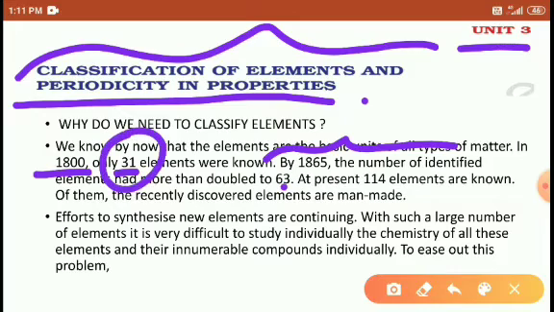Now 114 elements are known, and there are also other elements, the man-made synthetic elements.